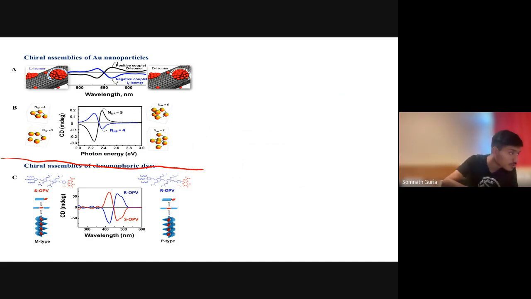This is chromophore 1. This is the SOPV, and another is the ROPV. Whenever they are aggregating to each other, let's suppose SOPV, they are actually forming a helical structure.